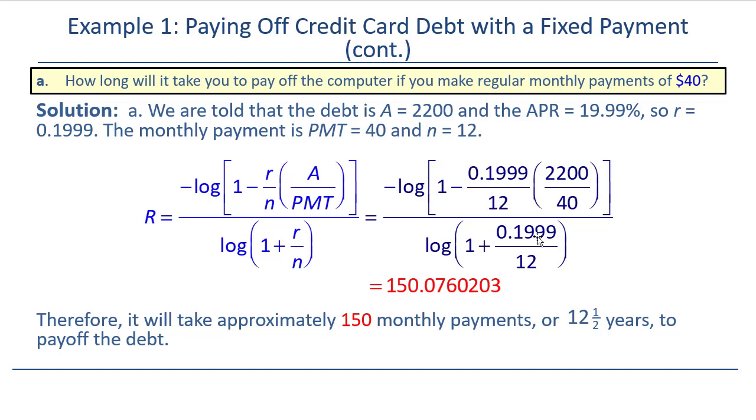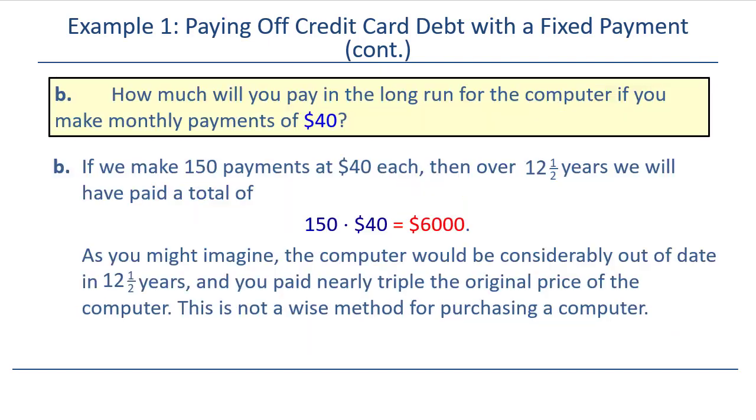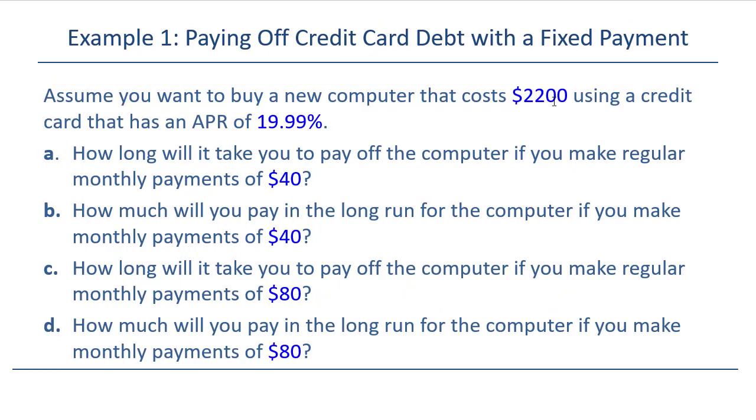We plug all that in to solve for the number of months it takes, and it comes out to be 150 months, or 12 and a half years. That's a long time. If you take those 150 months and multiply by 40, you see that you end up spending $6,000 for a $2,200 purchase.